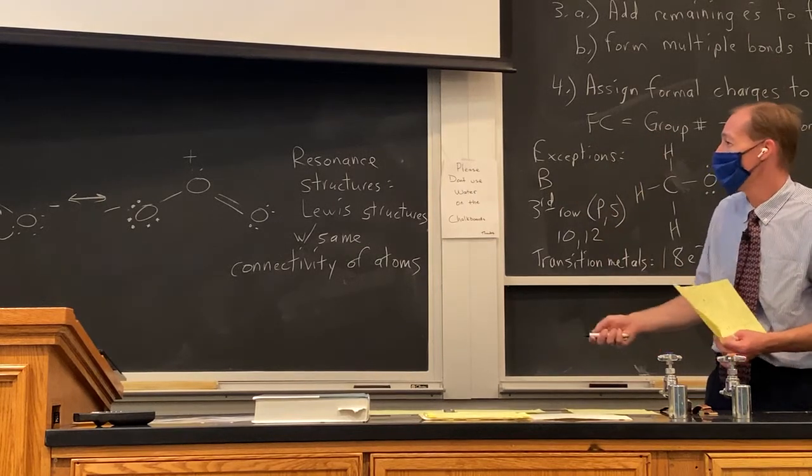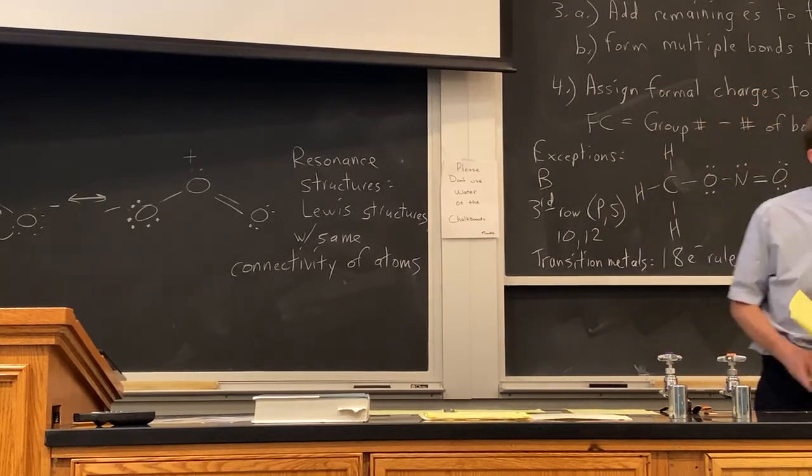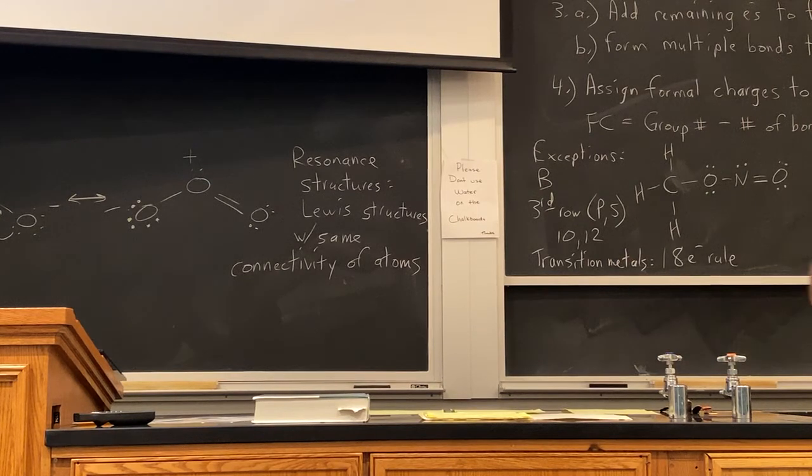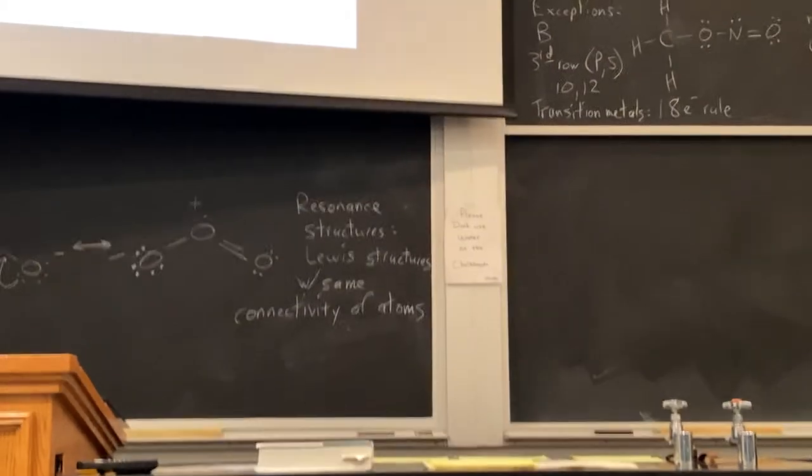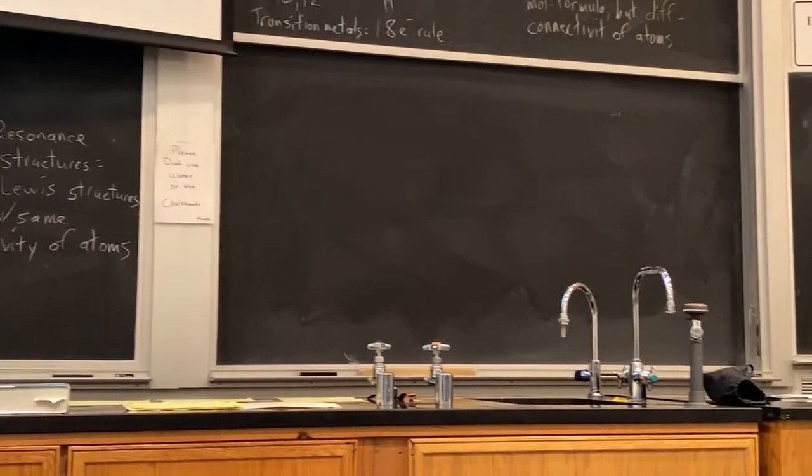We'll use them more frequently than the hybrids, in fact, because even though they don't show the complete picture of the structure, they make it easier for us to understand properties. So it's important to be able to draw resonance structures and hybrids, but we're going to deal with resonance structures primarily in class.